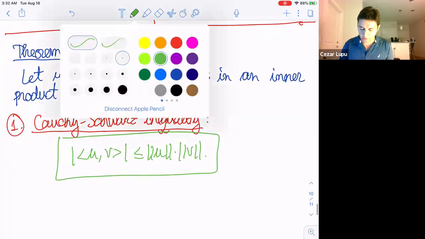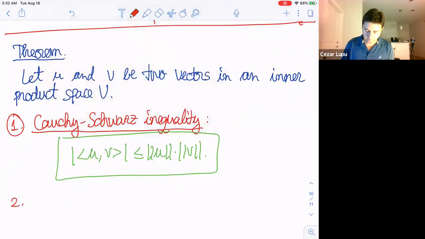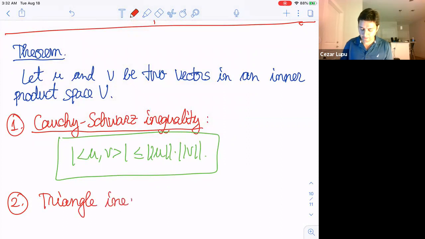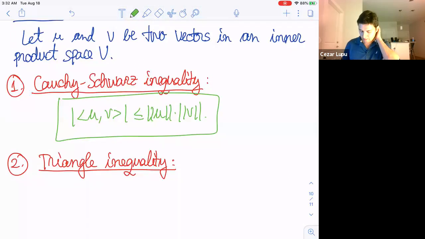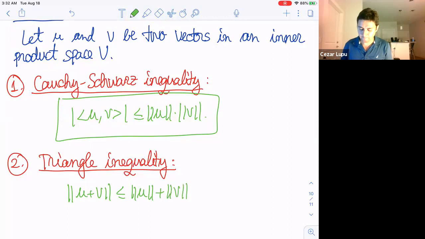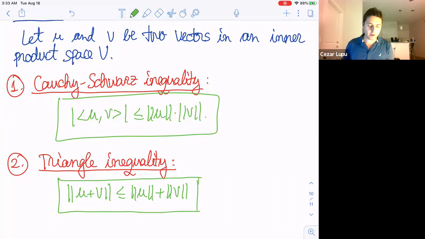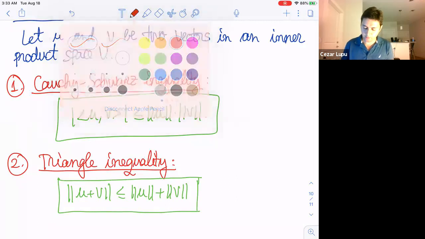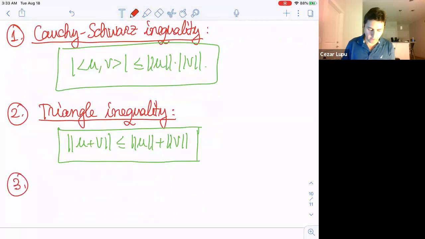Okay, the second one is the triangle inequality, which says the following. It's the same as we stated for the dot product in Rn. Basically, the length of U plus V is less than or equal to the length of U plus the length of V. And the third one, which is very important, is what we call the Pythagorean theorem.